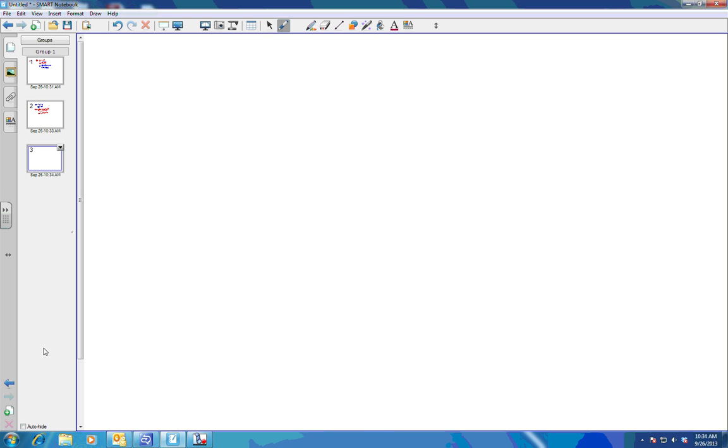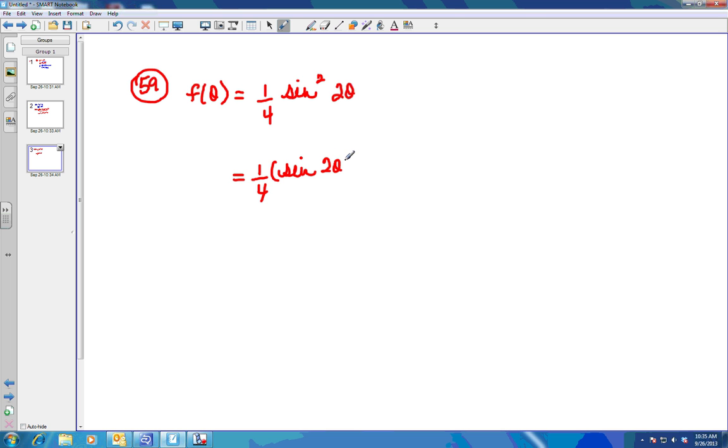Number 59. F of theta equals 1/4 sine squared 2 theta. So before I find the derivative, I'm going to rewrite this: 1/4 sine 2 theta quantity squared. So I'm going to find the derivative.